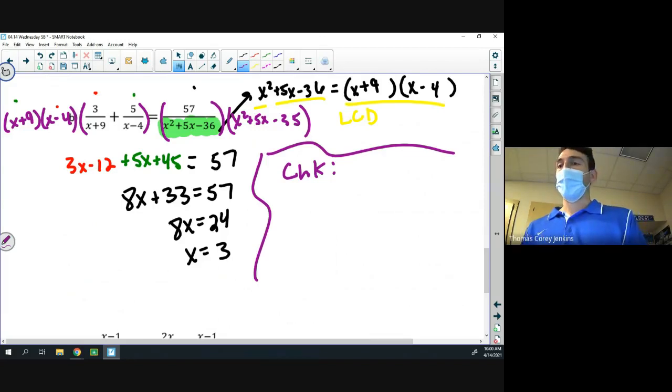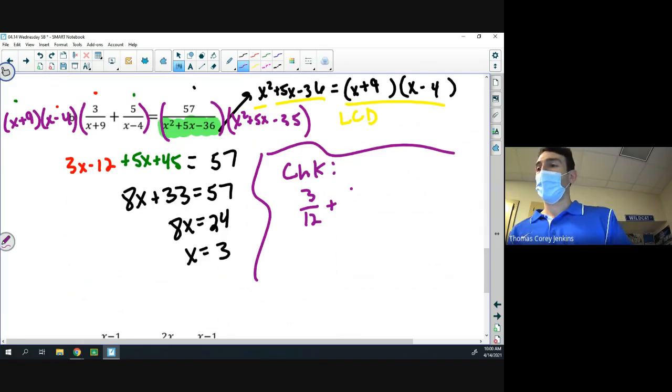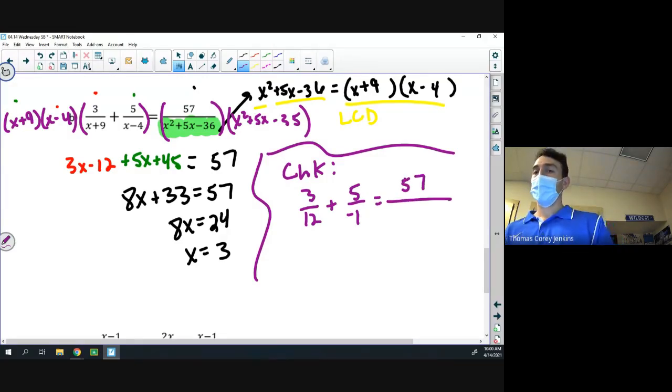All right, so going back to my original equation, 3 over 3 plus 9, that'd be 3 over 12. 5 over 3 minus 4, that'd be 5 over negative 1. And then that's supposed to equal 57 over 3 squared plus 5 times 3 minus 36.